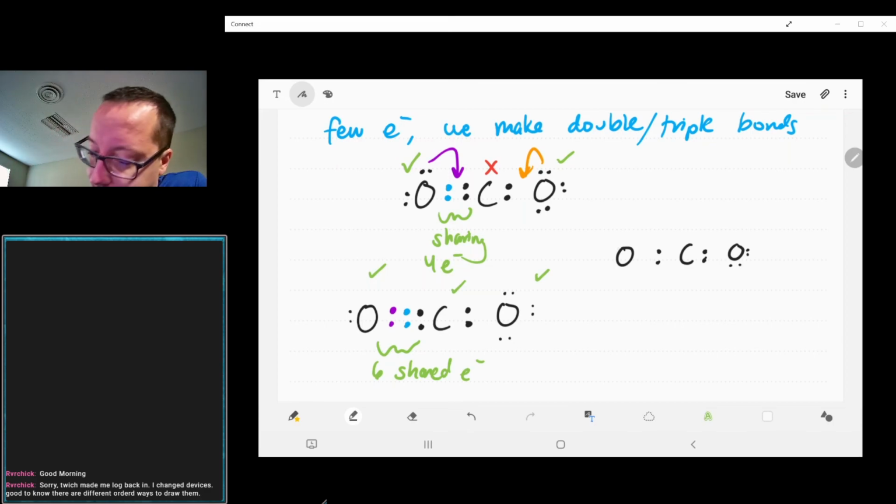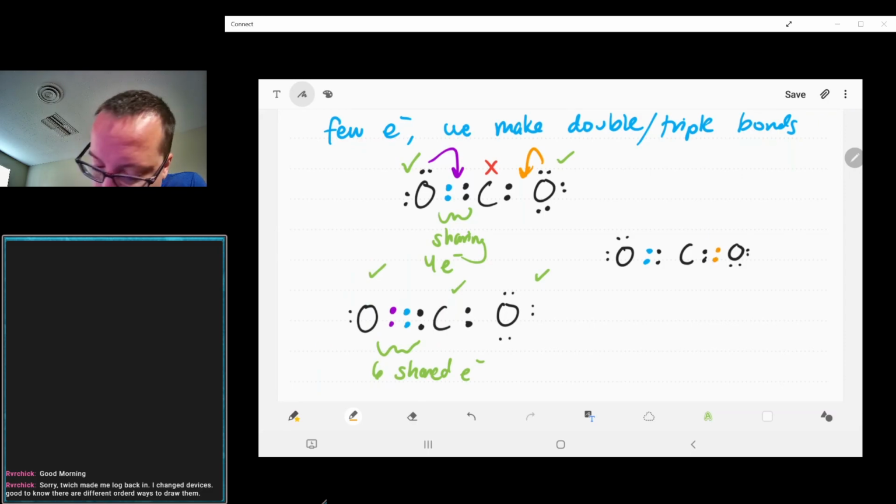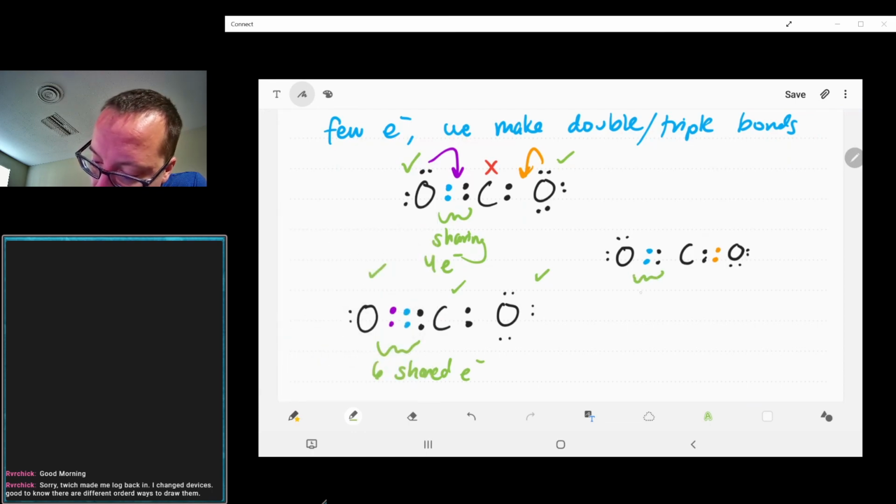Okay, let's go back to all of these crazy colors. So remember, both of these are 4 shared electrons. So we're going to see this oxygen 2, 4, 6, 8.